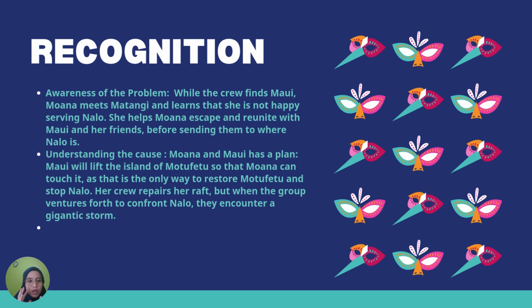So it includes awareness of the problem, where Maui finds Moana's crew, and Moana meets Matangi, which is, what do we call it? A demigod that works for or serves Nalo, and Moana learns that Matangi is not happy in serving Nalo.